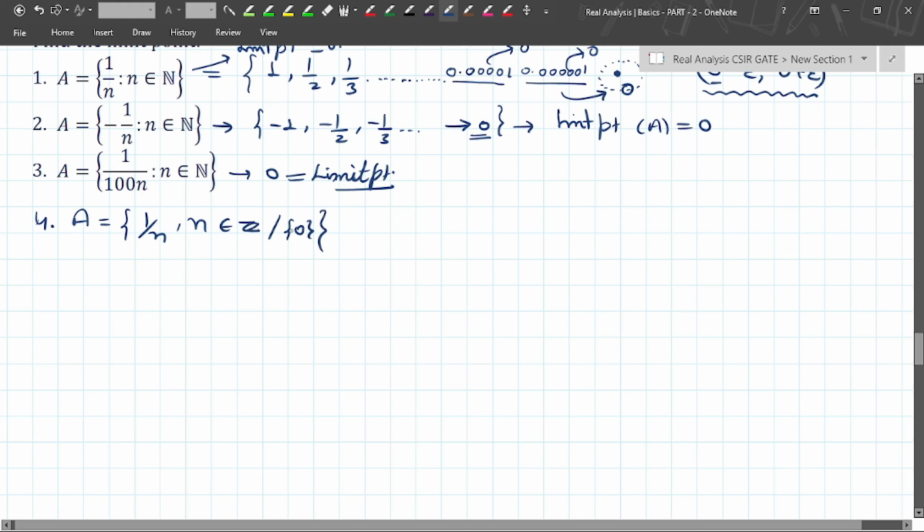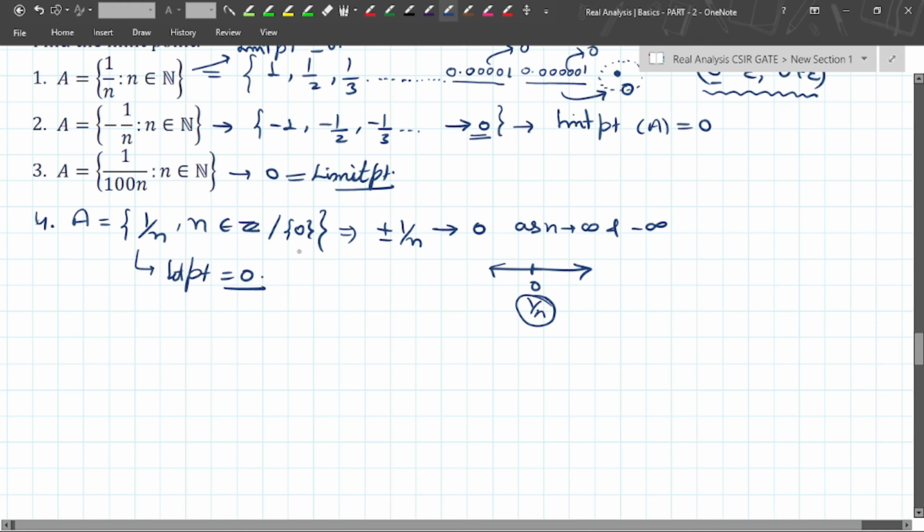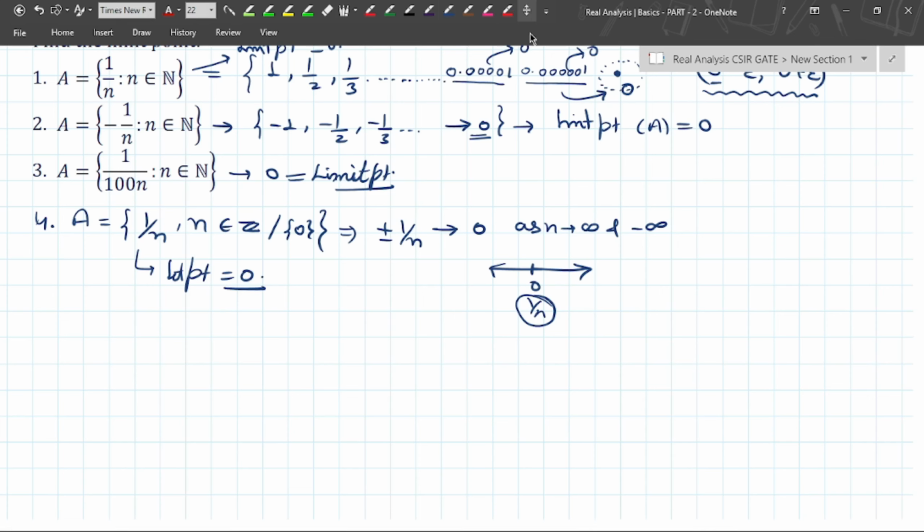It means it is plus or minus 1 by n, and of course it is also tending to 0 as n tends to infinity and minus infinity, from the right hand side and the left hand side. The limit point for this is also going to be 0. The same thing. Okay, next.